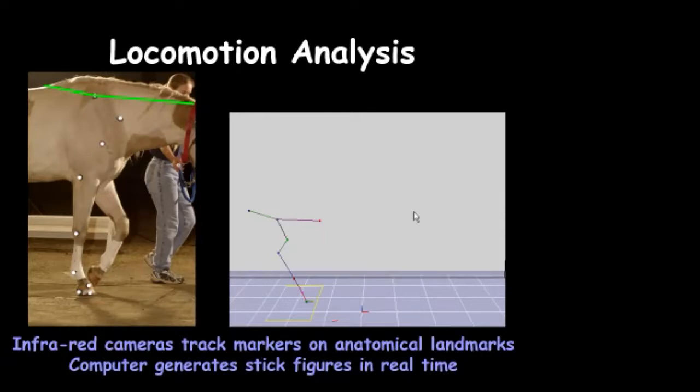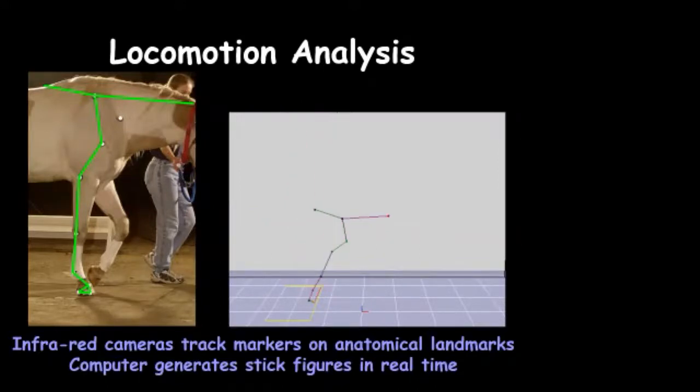And then we tell the computer which marker to connect to which other markers to make a stick figure. And then when we record the horse moving along our runway, we can actually see the stick figure in motion. And that's what we have in this diagram on the right.